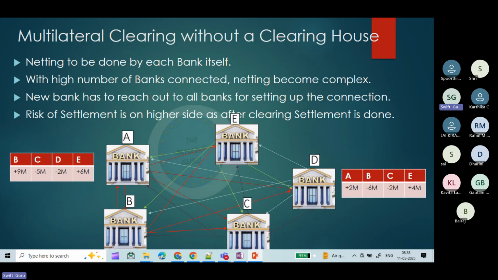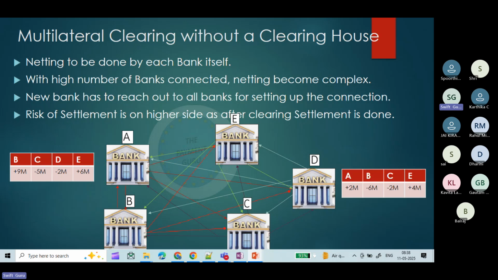But if 200 banks are there within the same country, imagine I have to make a payment from my State Bank of India account to a friend's account in Bank of Baroda. And if there isn't any RTGS or NEFT or IMPS, then the banks have to go through a lot of complexity.